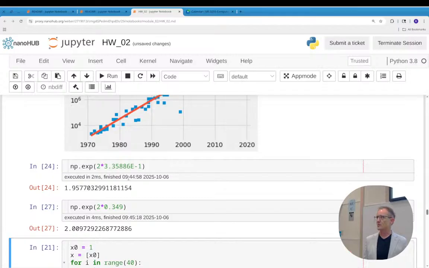It's like 2 versus 1.95. Get a sense of how close we can actually get to it.